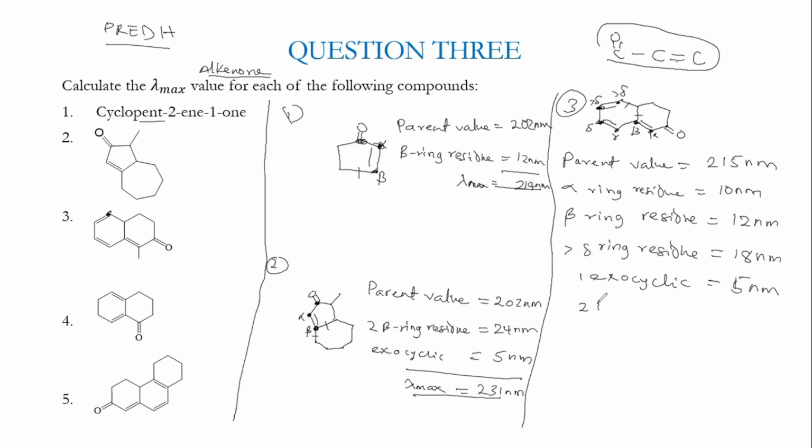So we have 2 double bond extensions. That's going to be 2 times 30, which is 60. Then the next thing we have is the homoannular diene component. That's what we have here: a homoannular diene ring that is joined to the major functional group. So therefore we have the homoannular diene component.